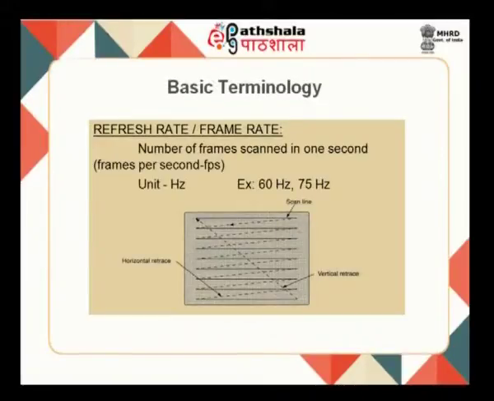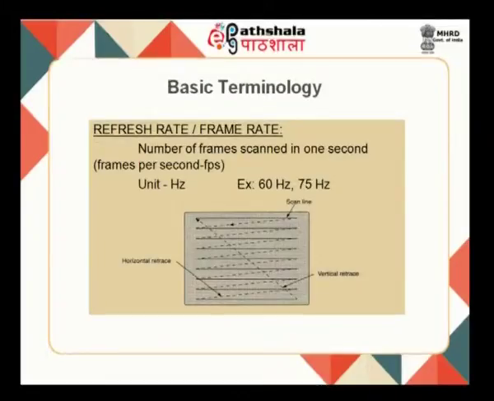A screen gets redrawn 60 times or 70 times or 75 times in a second, which is a standard refresh rate. For your monitor, you can change this setting, because even at 60 Hz, if you have an olden day CRT monitor, which are now being replaced by flat panel devices, our eyes are able to detect the flicker of the screen.